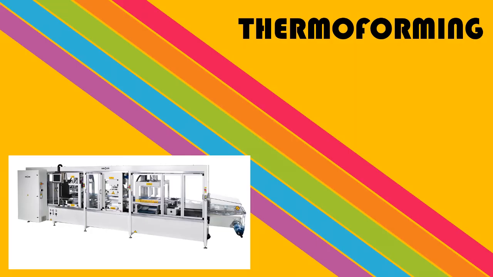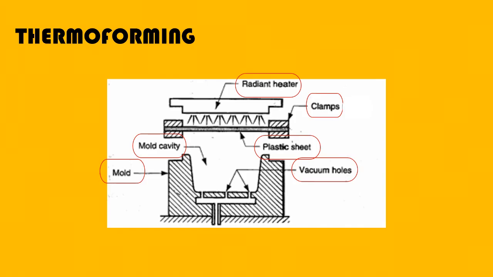Thermoforming. The thermoforming machine shown in the picture is the one that is usually used in the plastic industry. The thermoforming parts are the heater, clamps, mold cavity, the mold, vacuum holes, and the plastic sheet.